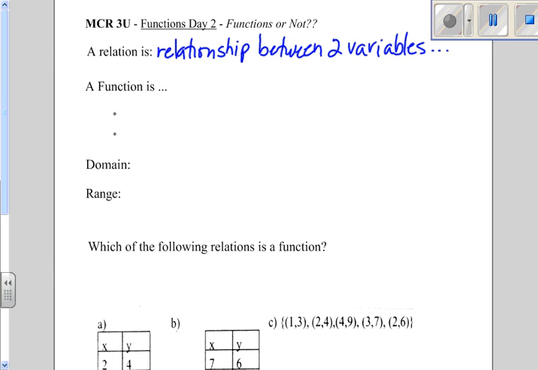A function is a bit more specific than that. A function is a relation with a rule that gives one single output for every input.